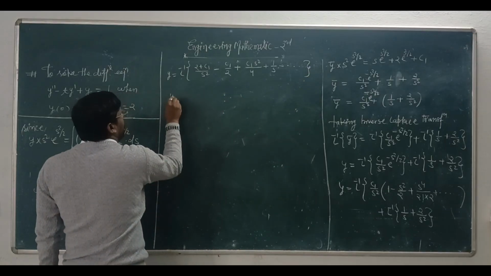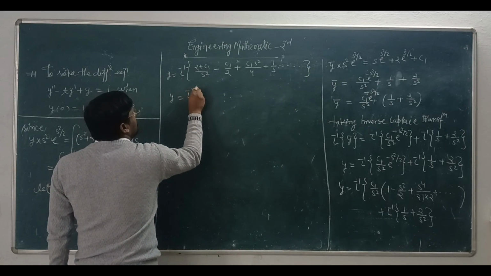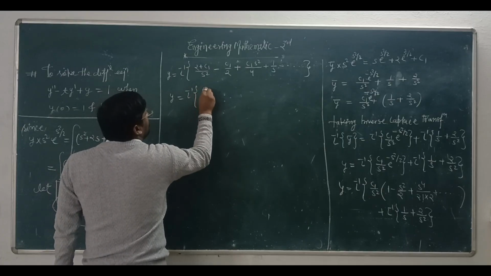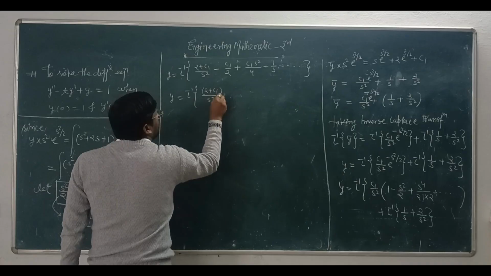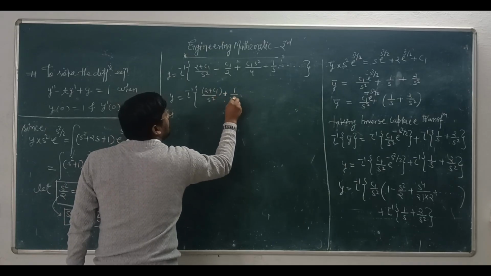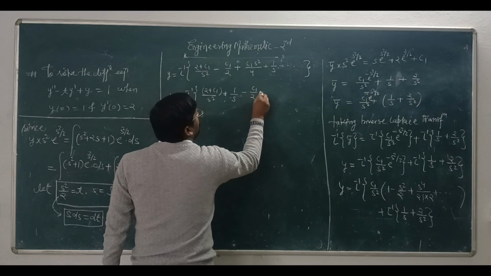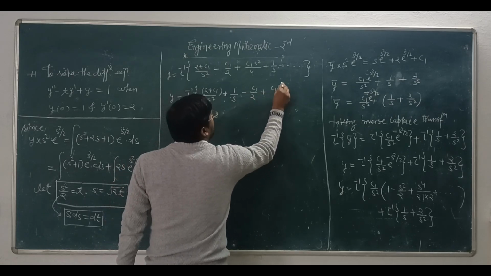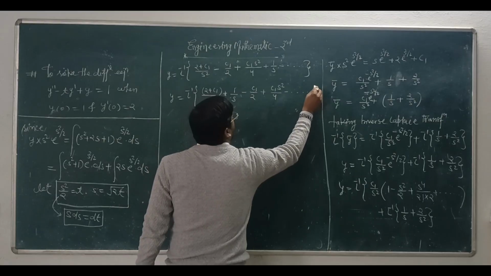Now you can solve y is equal to inverse Laplace of 2 plus C1 by s square plus 1 by s minus C1 upon 2 plus C1 s square by 4 minus dot dot dot.